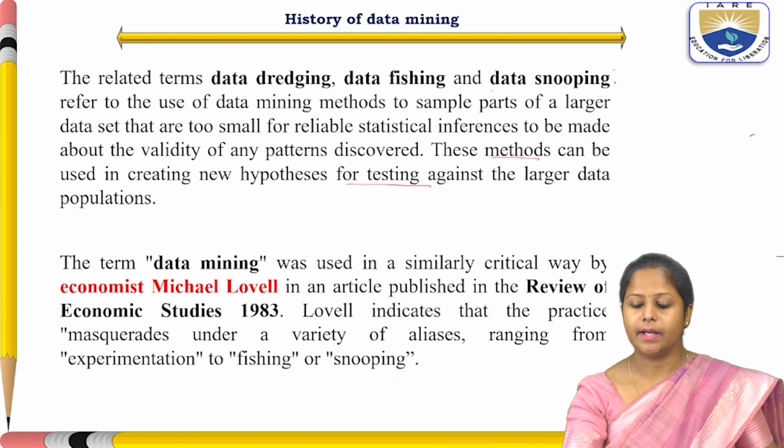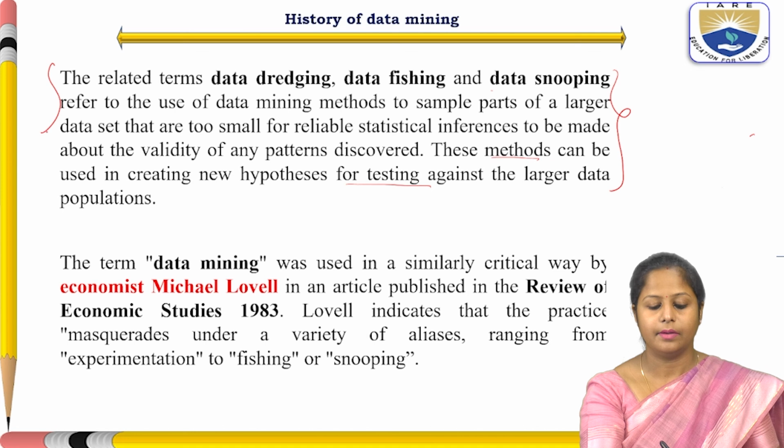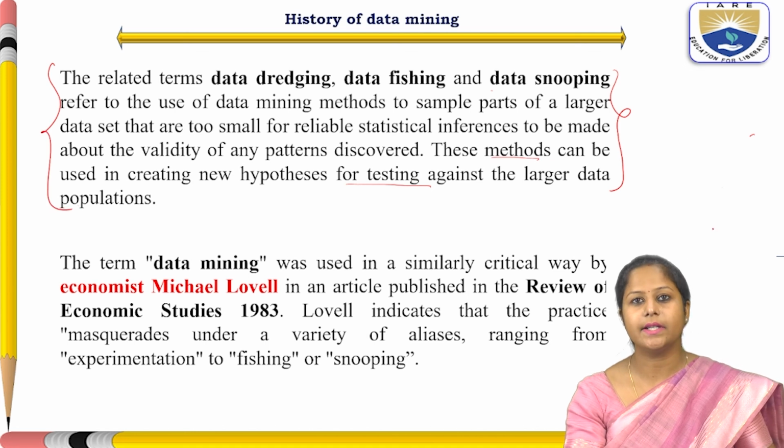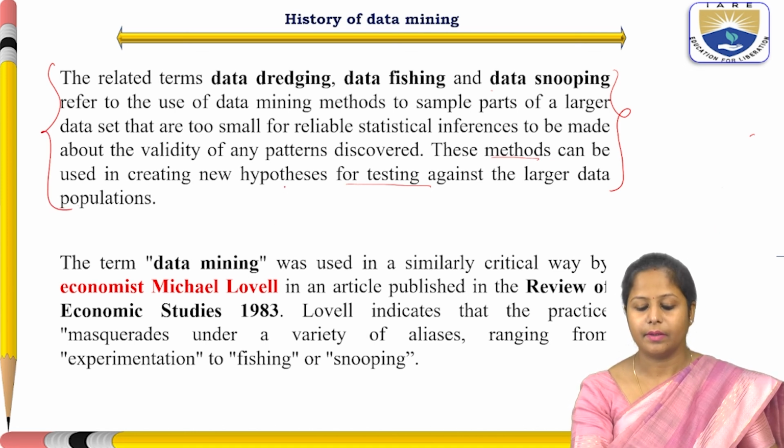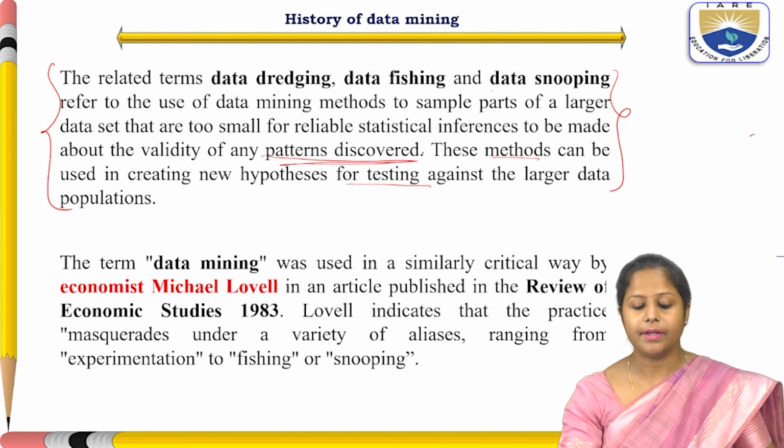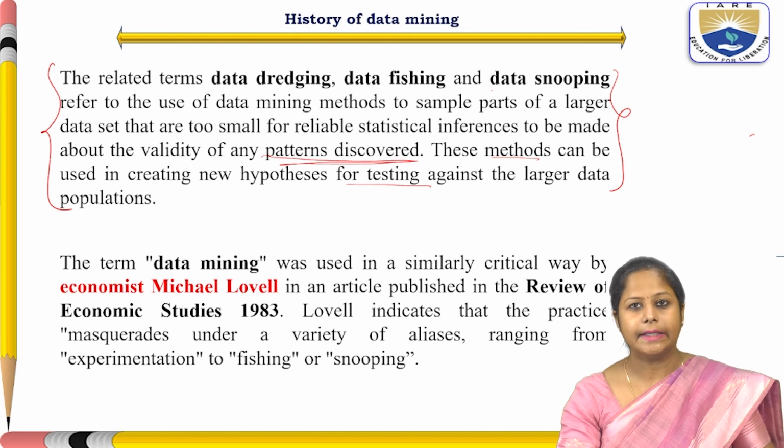But after that, we are using the data mining term as a field of pattern discovery, while we are referring to the use of data mining methods on a sample part of larger data sets that is too small for reliable statistical inference to be made about the validity of many patterns discovered.